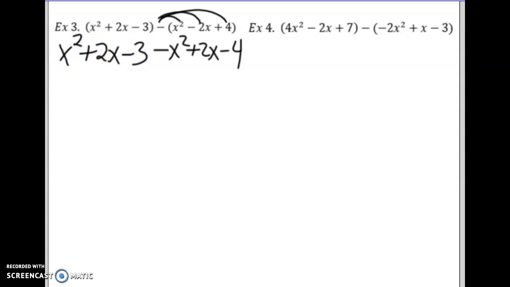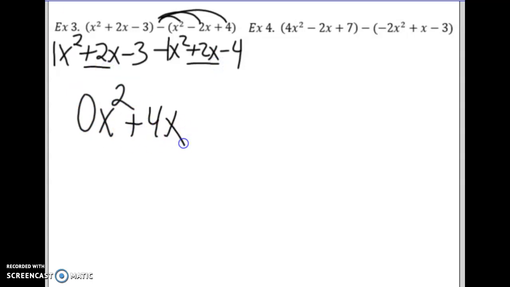Now, if you've got 1x squared and a negative 1x squared, that's going to make 0x squared. We'll talk about that in a second. We've got positive 2x and positive 2x, positive 4x. And then finally the numbers, negative 3, negative 4, same sign, sum, add those puppies up.